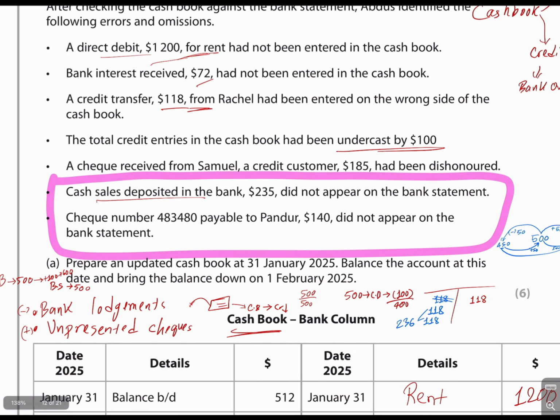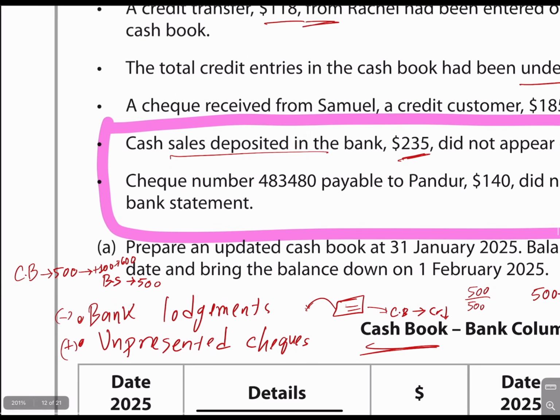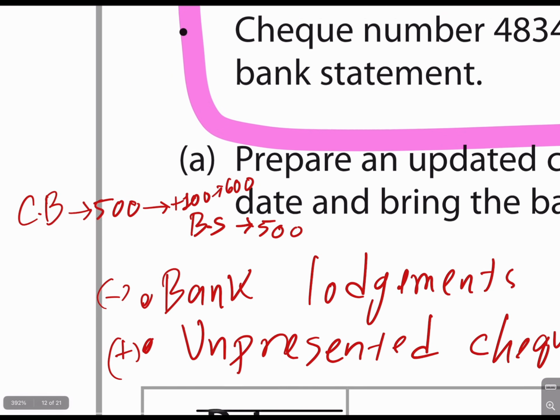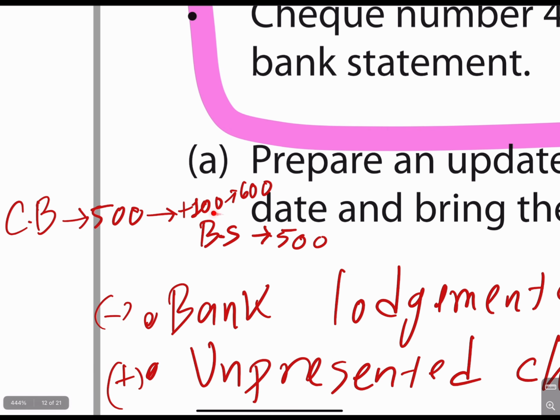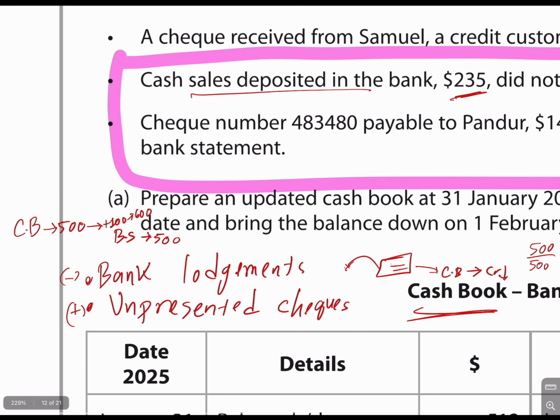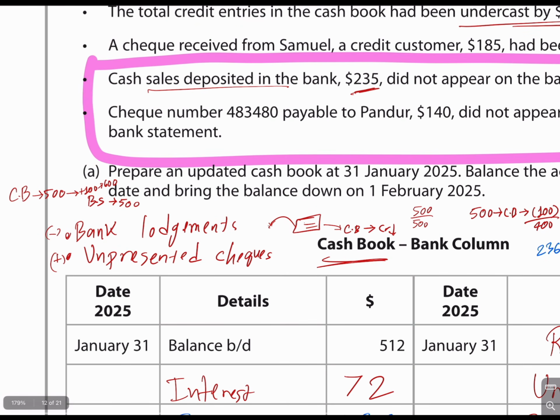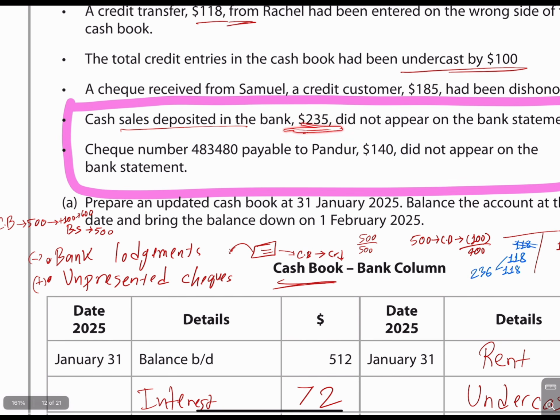Cash sales deposited in the bank, 235, did not appear on the bank statement. It means that you have added this amount on the cash book, but you didn't go to the bank to cash it in. So the bank statement is still showing the previous amount. So that's a bank lodgement, and we have to deduct it.